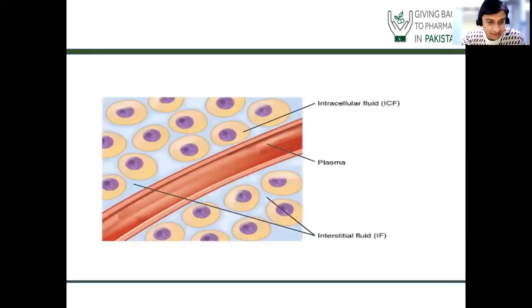As you can see in this picture, the yellow spots are intracellular fluid compartments. Similarly, the blue ones are the interstitial fluid compartment, and this fluid is continuously bathing the body cells. And this red one is plasma, which is intravascular volume, around 5 liters.